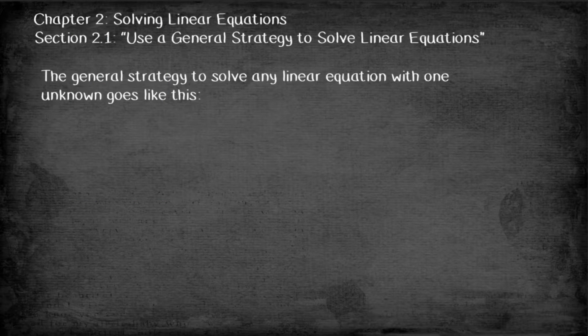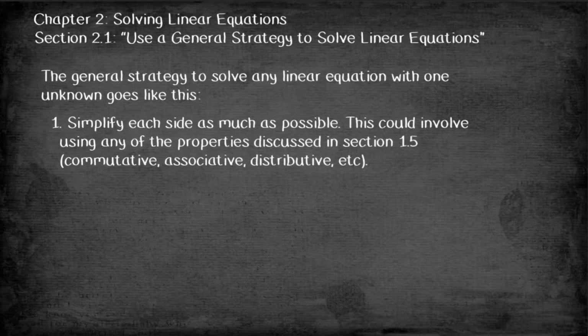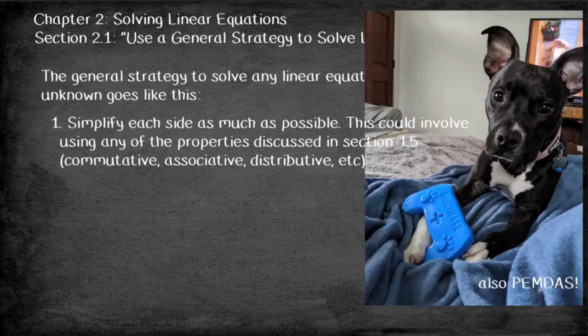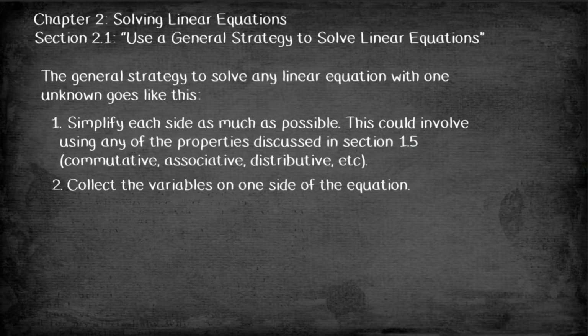So let's look at a general strategy for solving linear equations. In step 1, we're going to be simplifying each side of the equation as much as possible. You might have to use the commutative property, the associative property, distributive, any of the things we talked about in section 1.5, also PEMDAS. After you've simplified, you want to collect the variable terms on one side of the equation.